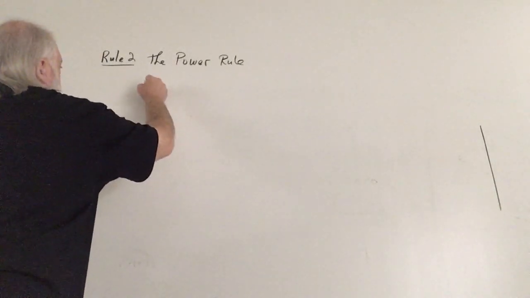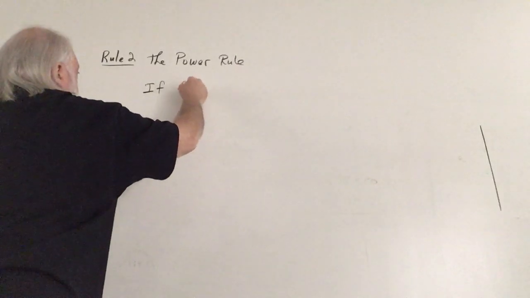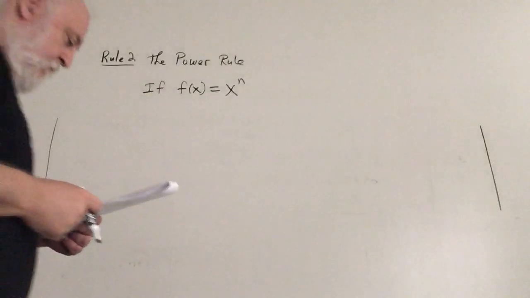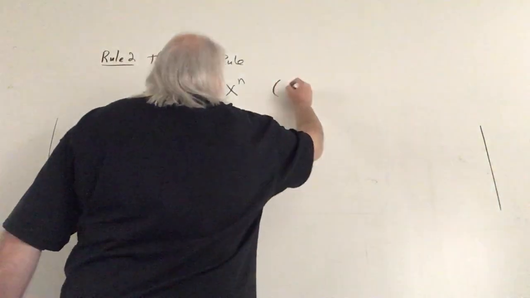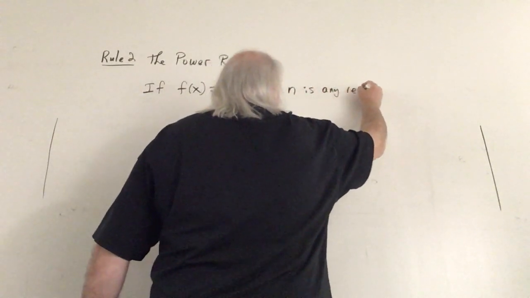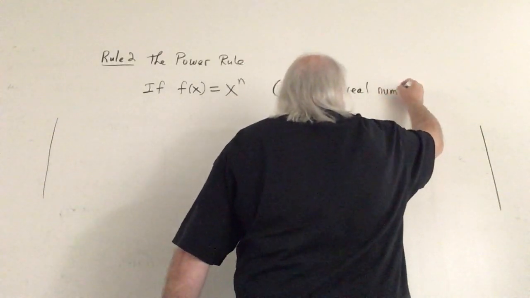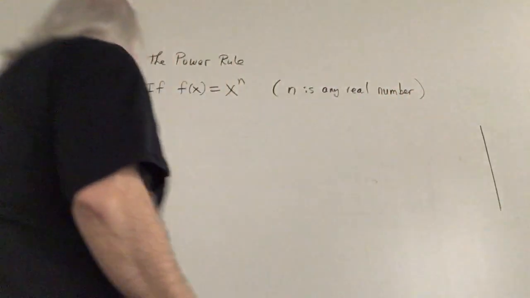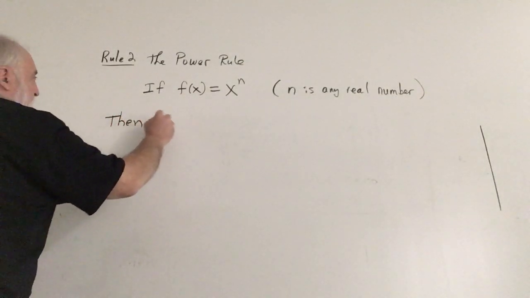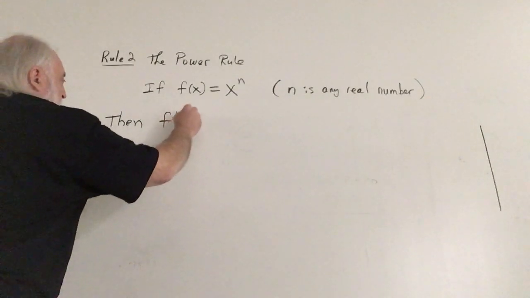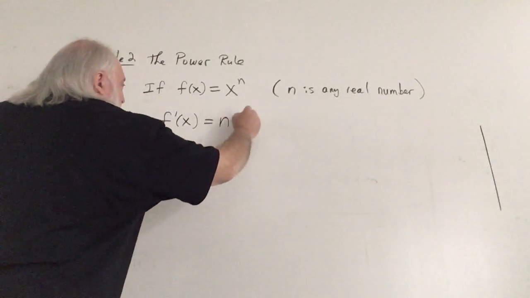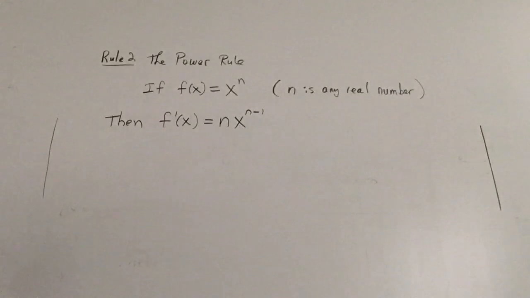And the power rule says if my function f of x is equal to x to the nth power, where the number n in the exponent is any real number, then the derivative of f of x, denoted f prime of x, is equal to n times x to the n minus 1 power.